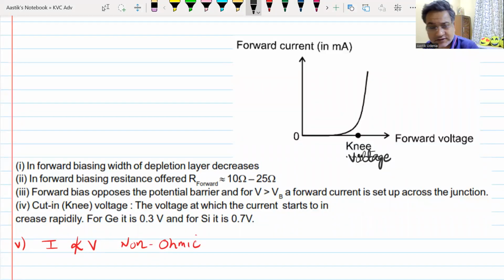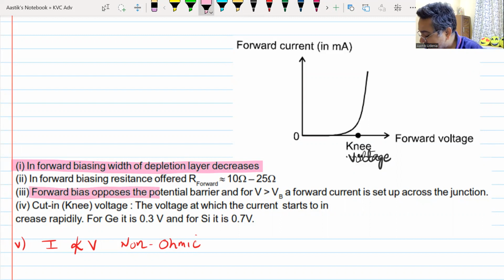Then we again look at the diagram. You have already drawn the diagram, so you may not draw it again. You can note down the important points of this forward biasing. In forward biasing, the width of the depletion layer decreases. Why does the depletion layer become less?